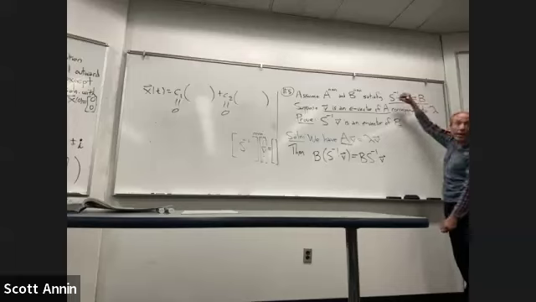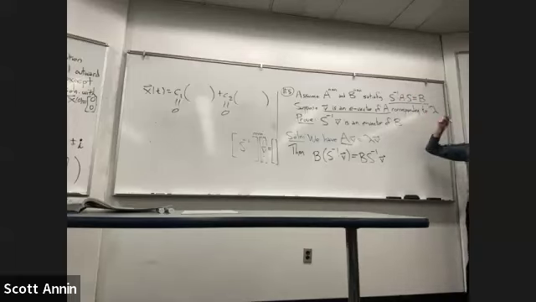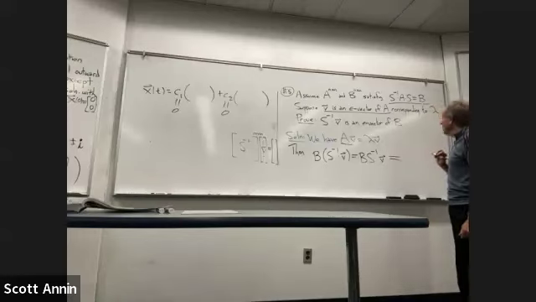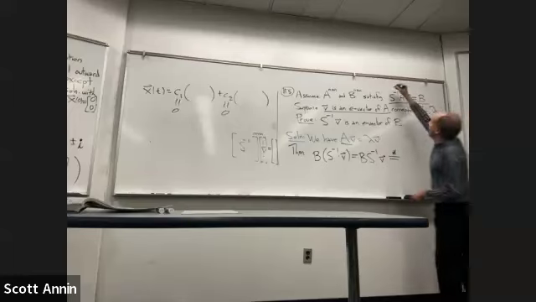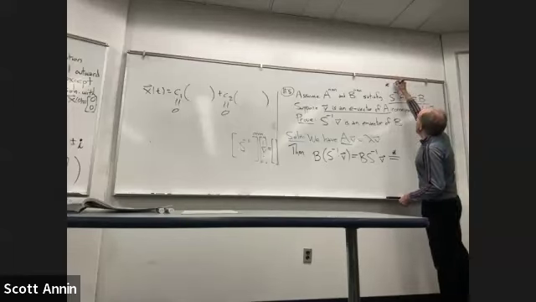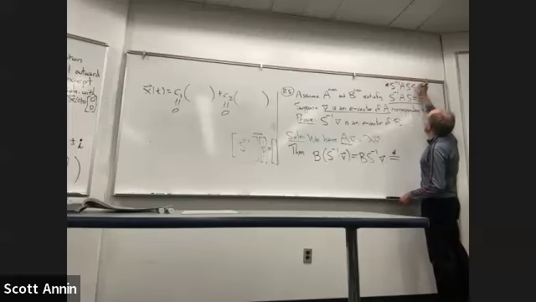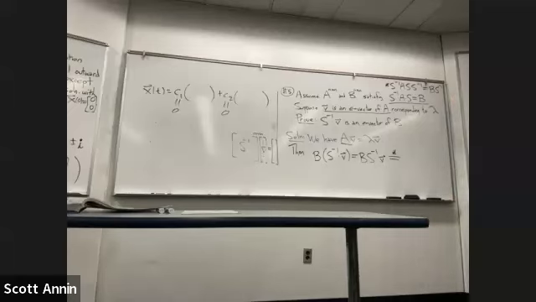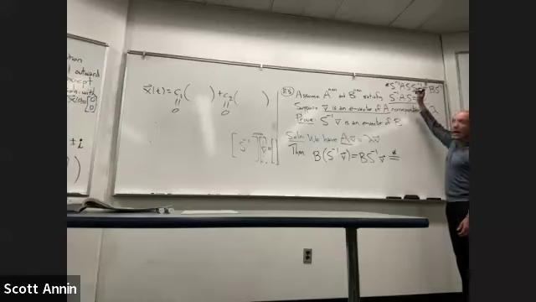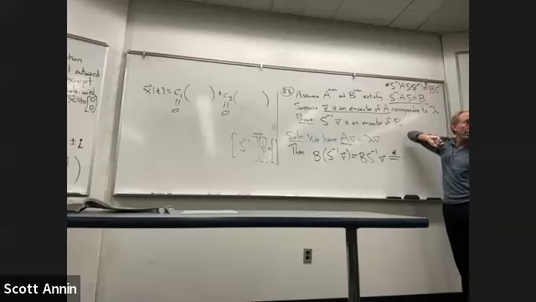I can take this equation and multiply it by S inverse on the right of both sides. Let me just put a little asterisk here. I'm just going to right multiply by S inverse. And when I have an S next to an S inverse, of course I can cancel it.